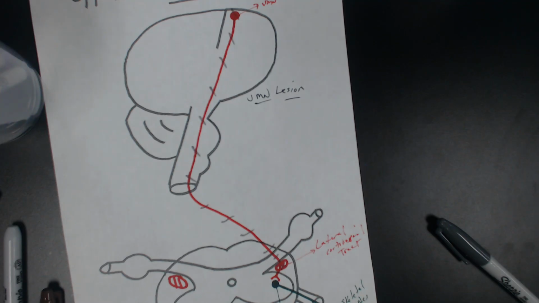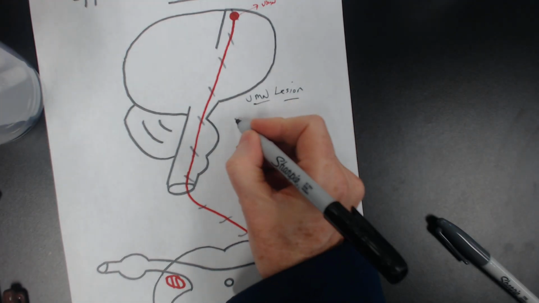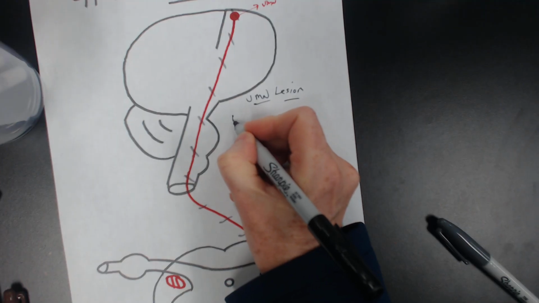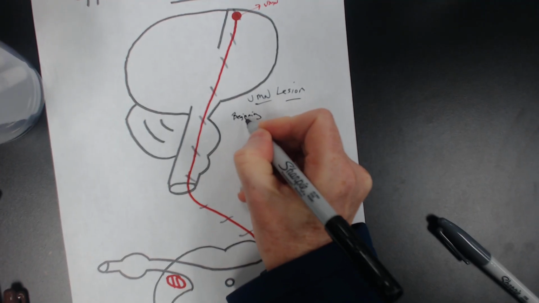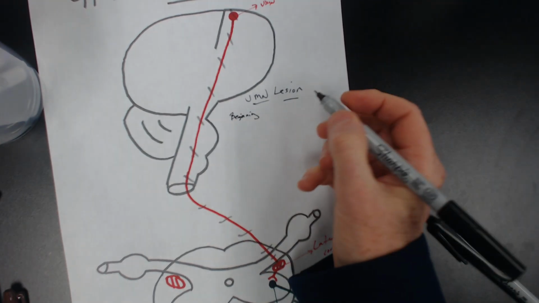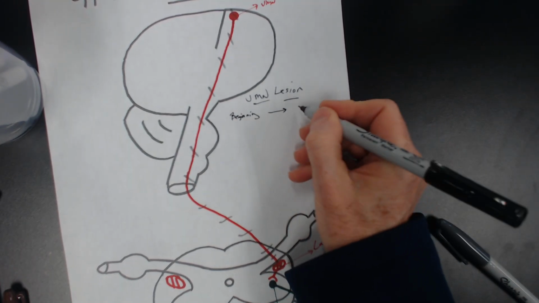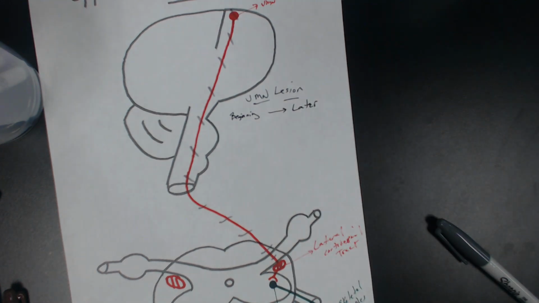So with an upper motor neuron lesion, you're going to have a characteristic clinical presentation. Let's say in the beginning, right after the lesion, the first 2 weeks approximately, and then later it may progress to something else.